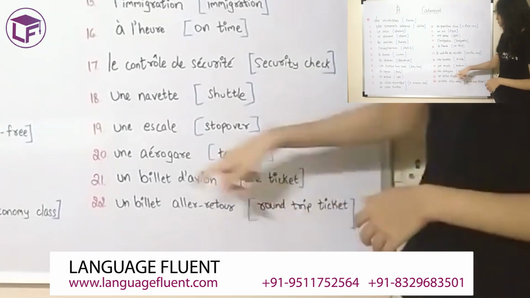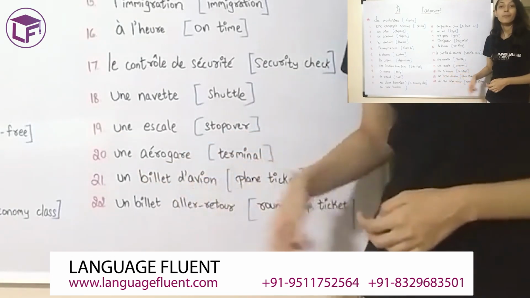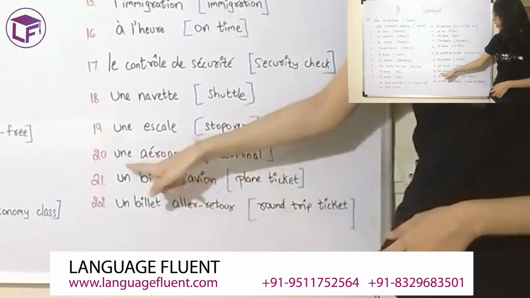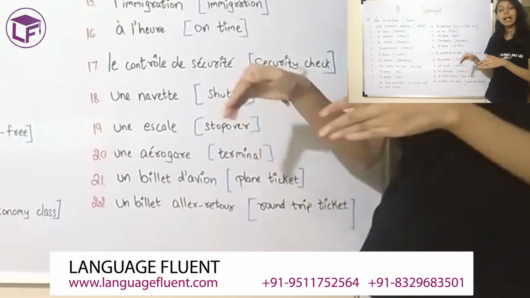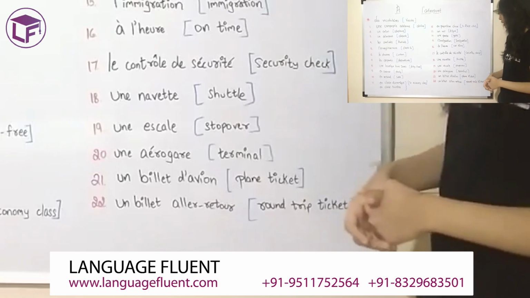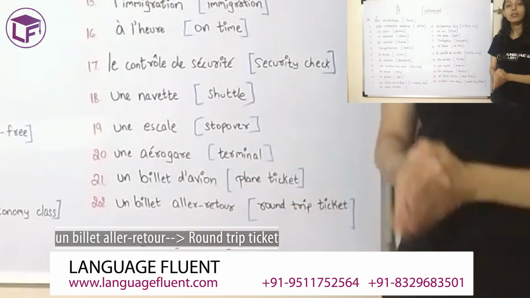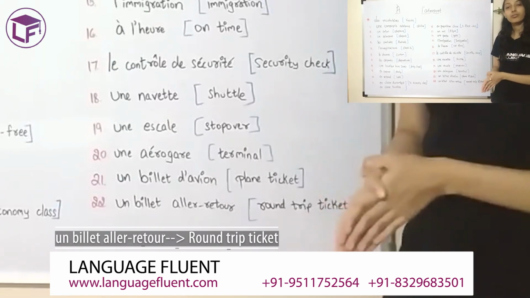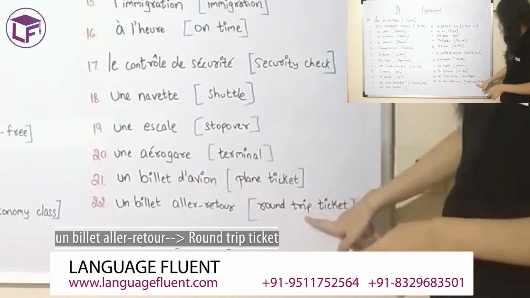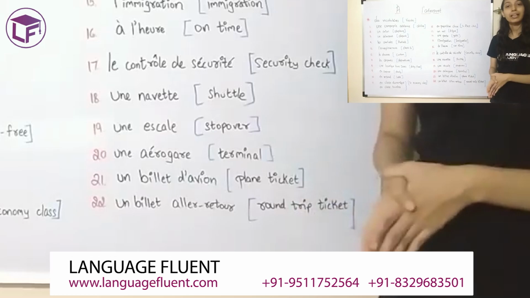Billet d'avion is masculine, so we write un billet d'avion. And then we have un billet aller-retour, which means round trip ticket in English.